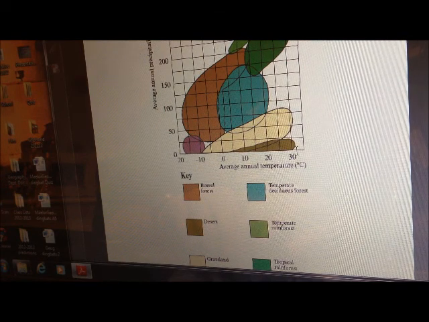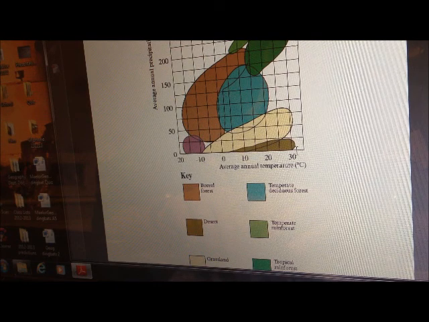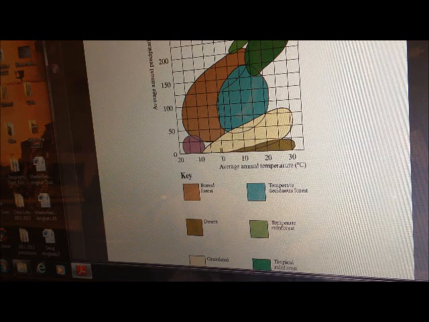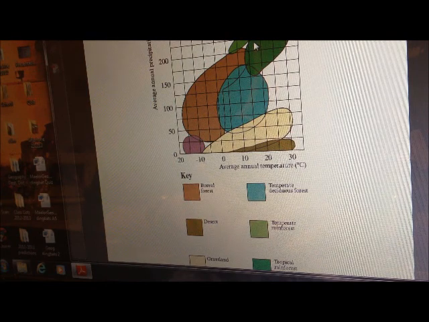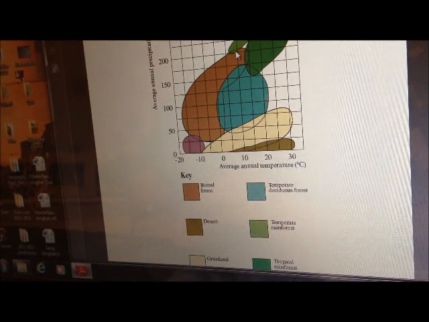So that's a greater range of temperature. But you could also comment on the fact that at times of the year they'll be in some places below freezing, while tropical rainforest never goes below freezing, never below 10 degrees.